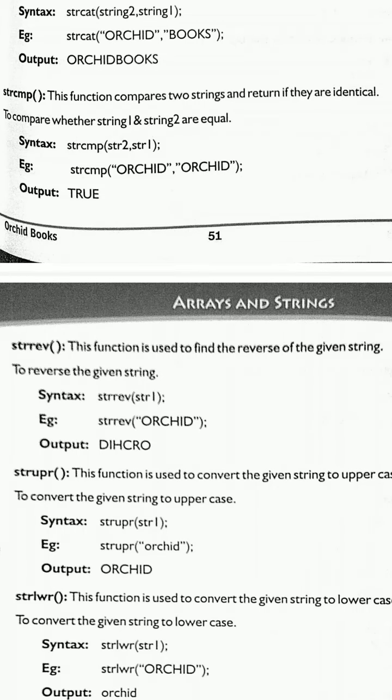The given lowercase letters will be converted into uppercase. Lowercase means small letters, and it will be changed into uppercase, meaning capital letters. Next is strlwr, which is string lower. String lower means the capital letters will be converted into small letters.